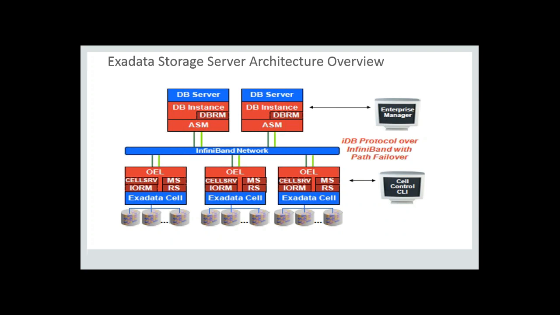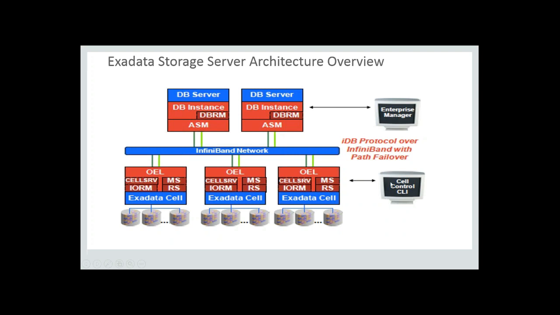Thanks, Sumit. And in between, you find this InfiniBand network. This is the network being used for communication between your database server and the storage server. And how to manage this database server and storage server? You can use your Enterprise Manager 12c. And to manage your storage server, you can again use Enterprise Manager.